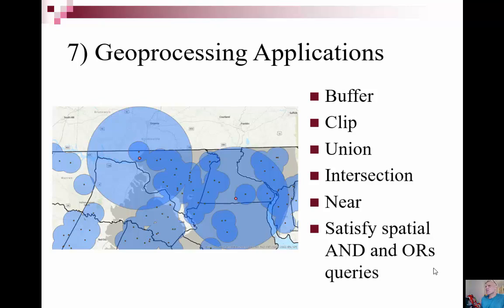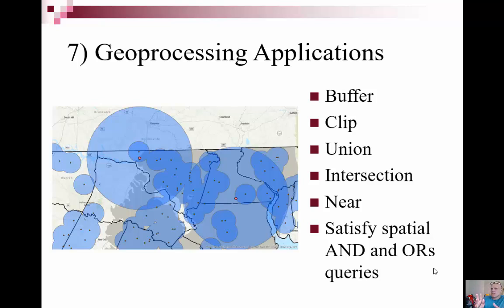And then we started talking about geoprocessing applications. So things like buffers, clips, unions, intersections, nears, and they satisfy our and and our or queries. So something like an intersection, I want to find all areas within 5 miles of this and 10 miles of this, and it only gives me those.